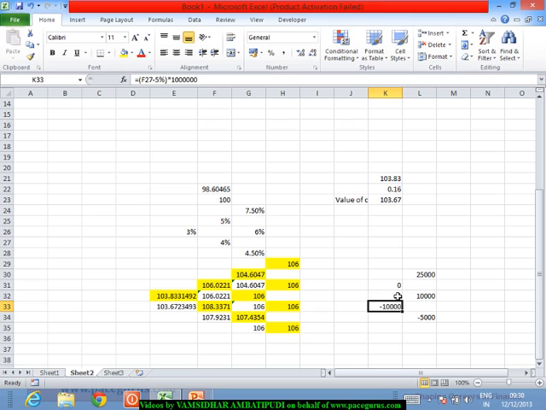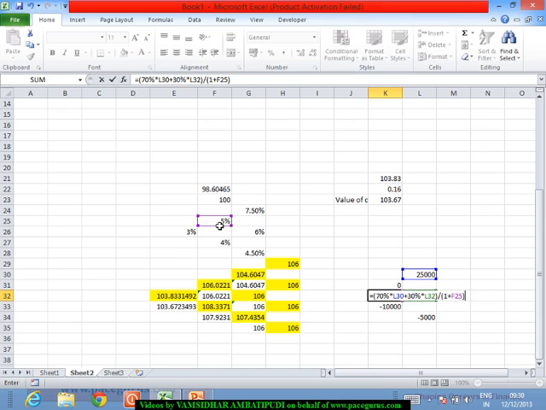If I want to find the value at this point where the probabilities are 70-30, apart from this particular payoff, I will first find the present value of these two payoffs. This will work out at 70% of 25,000 plus 30% of 10,000. This is my expected payoff of the next period, divided by 1 plus the 5% interest rate.